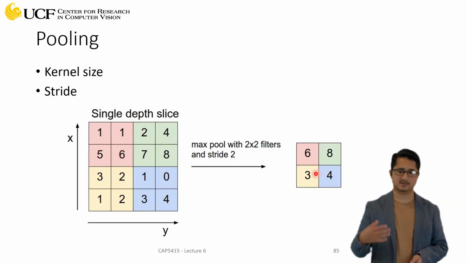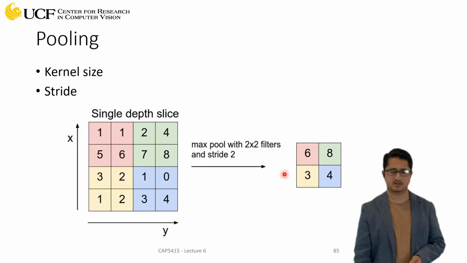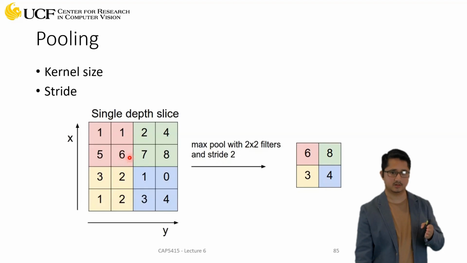So let's try to understand why it was translation invariant. For example, at this location, this pixel is actually highly active, which means that whatever pattern you are trying to look for in your input data was present at this location. That's why you got 6. It was not present at this location. It's close to 0, right? Very small compared to 6.